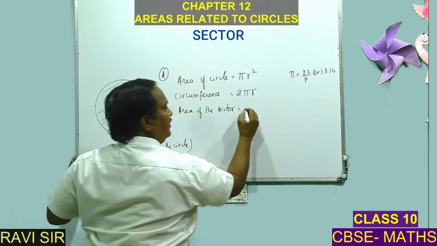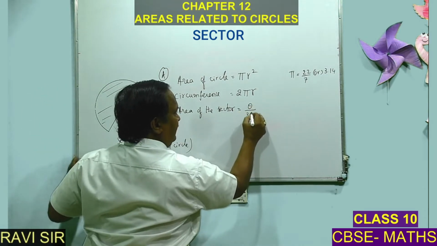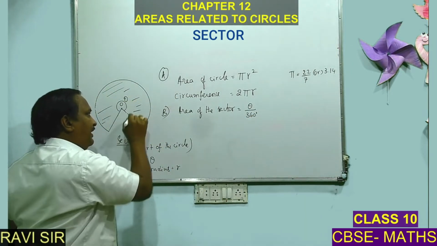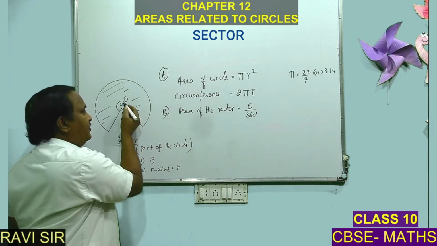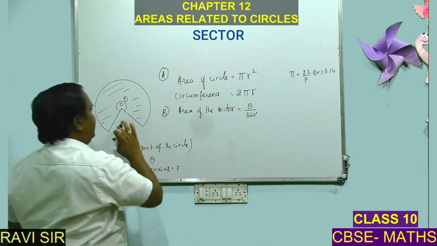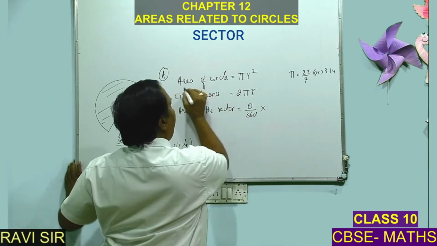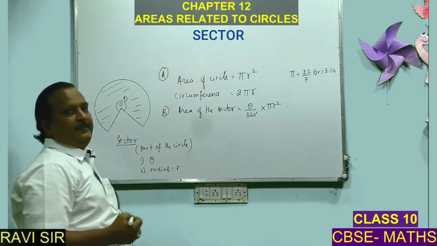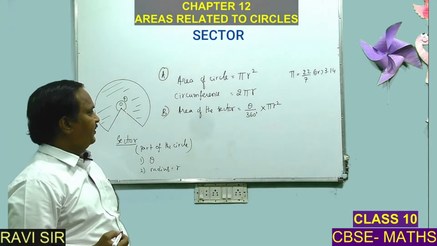So what part of that? This angle divided by 360. Total angle is 360 degrees, the angle at a point is 360 degrees. So this angle is theta. So theta upon 360 is the part of the area of the circle, pi r square. So this is the area of the sector, right.